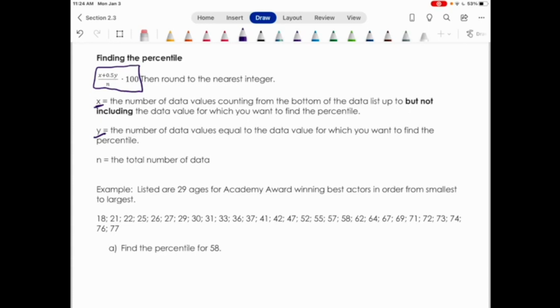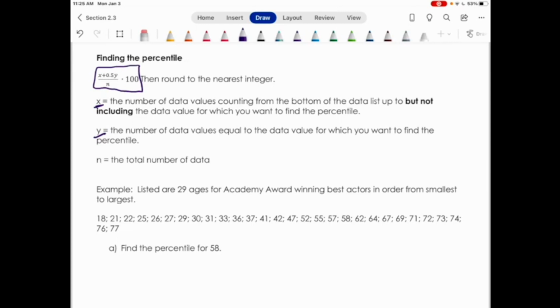So if the value you're looking for is 7 and you have 3 7s in that data list, then y is going to be 3. It tells you the number of repeats for that data value. If there are no repeats, then you just put down that y is 1. And then, of course, n is the total number of data values.